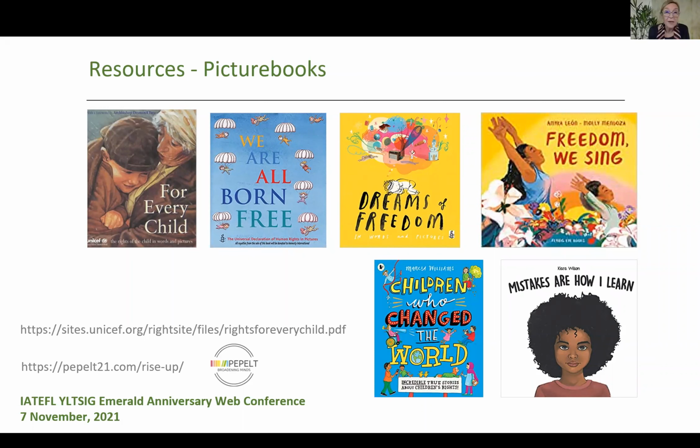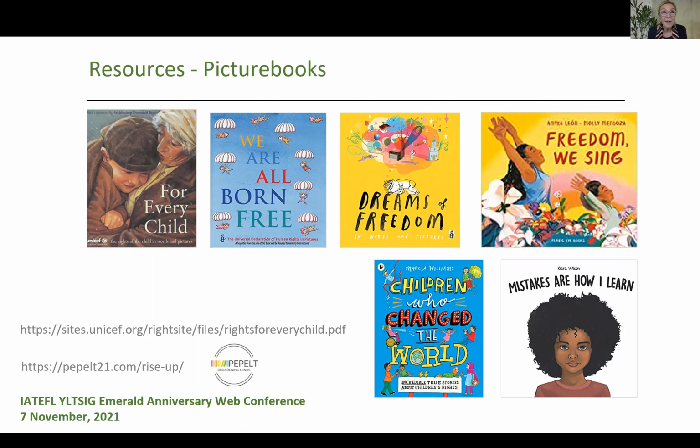So the next one is We Are All Born Free. This is published by Francis Lincoln Children's Books in association with Amnesty International. And it's an illustrated celebration of the Universal Declaration of Human Rights.